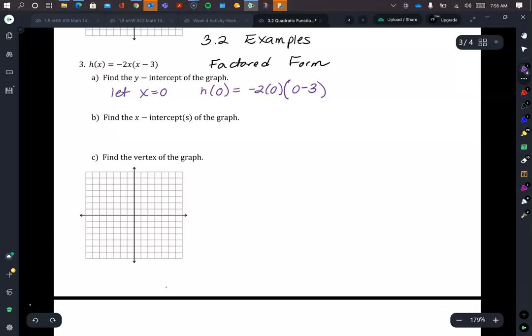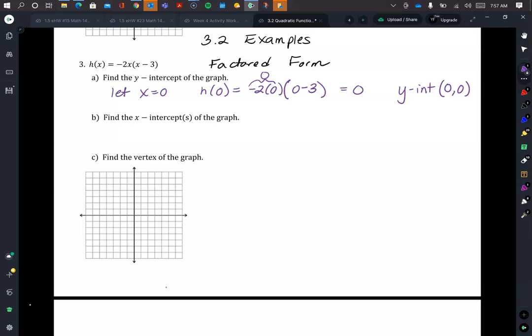Obviously this is going to go to 0 right there, so we don't even need to do any other calculations, but that's going to come out to be 0. So my y-intercept for this function h of x equals negative 2x times quantity x minus 3 is (0, 0).